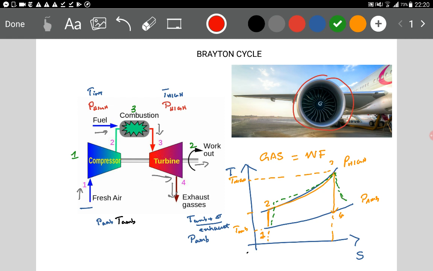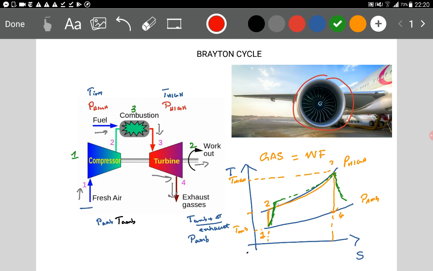It's going to stop a little bit over here, and then it's going to go down. What's happening is that in a non-ideal cycle, you don't get an isentropic compression, and you have to compress more in order to account for the pressure losses during combustion and in the turbine.